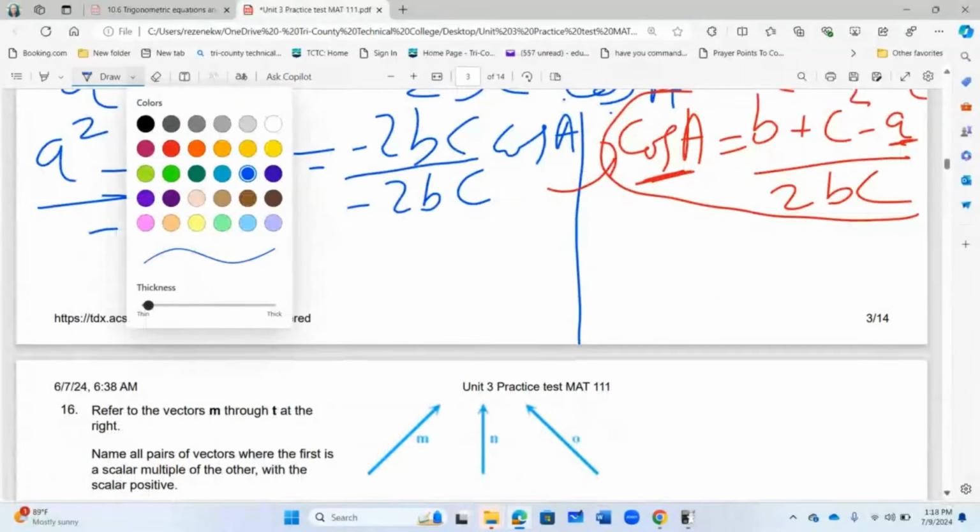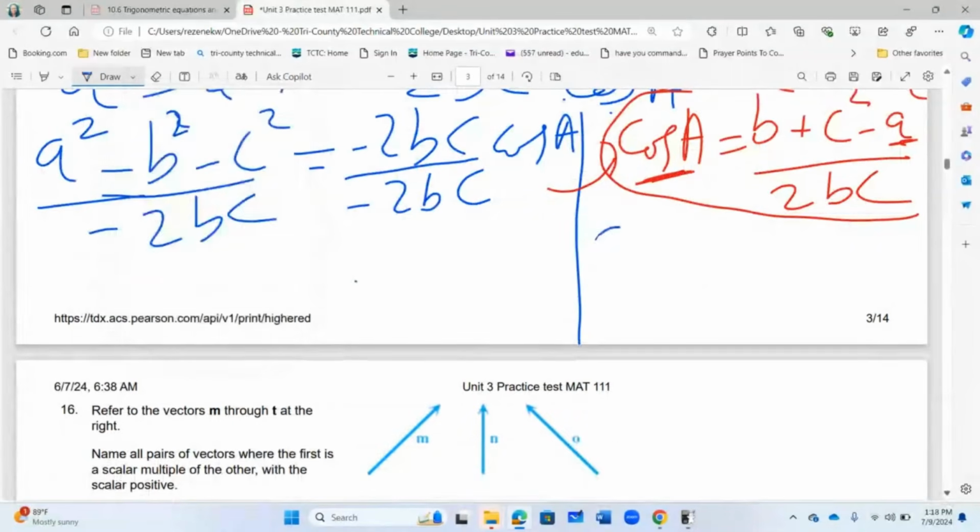When I'm told to look for cosine of B, then it will be A squared plus C squared minus B squared over 2AC.